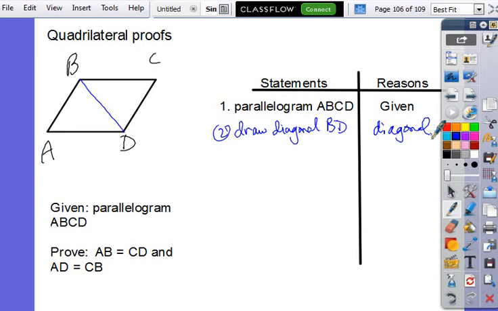Alright, if I see parallel right here, what am I automatically thinking about? I'm thinking alternate interior, alternate exterior, all that. Which ones would be equal?